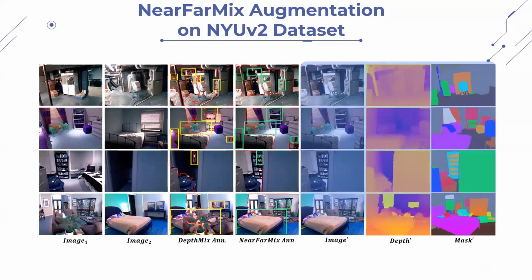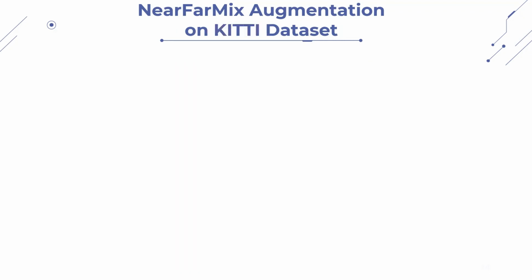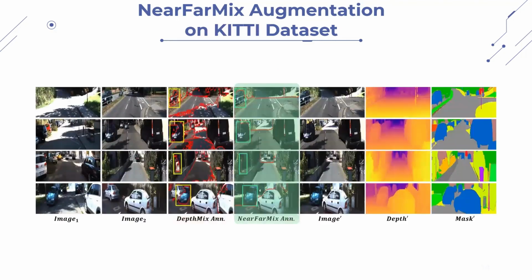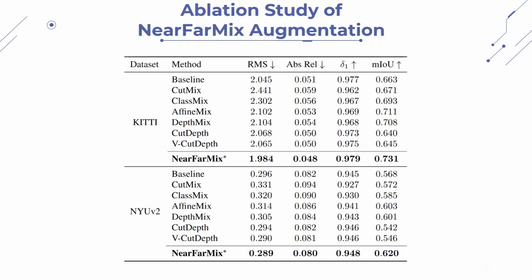Furthermore, the NearFarMix augmented images, depth maps, and semantic labels also look very realistic, thus further affirming its effectiveness. We can also notice similar improvements of the proposed NearFarMix augmentation over existing depth mix augmentation on the KITTI dataset, which further demonstrates its efficacy. Our ablation study confirms the proposed NearFarMix augmentation's quantitative superiority compared to other methods on both NYU-V2 and KITTI datasets.